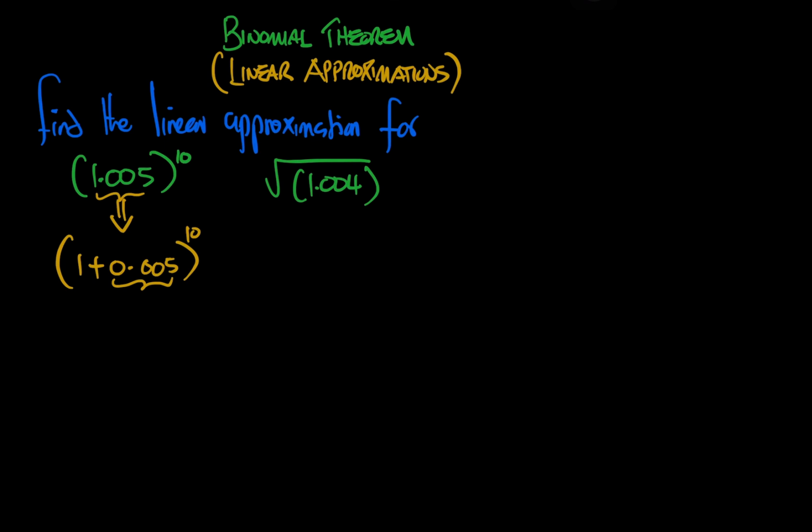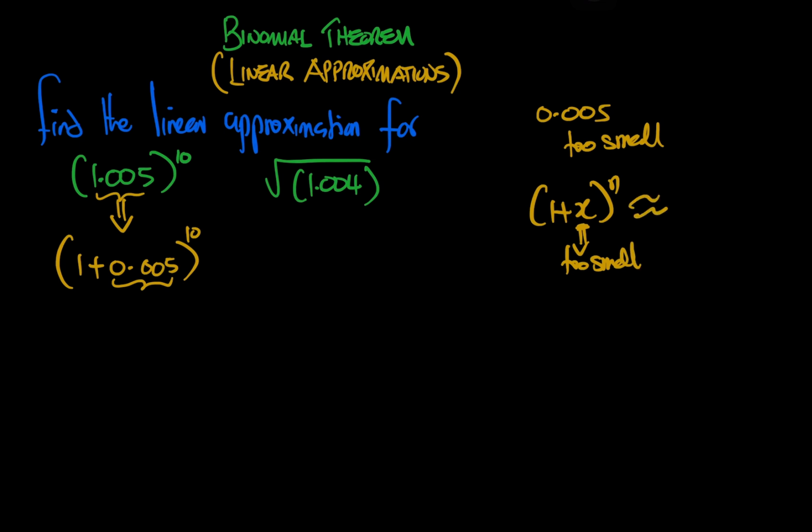But we can say that if the x is sufficiently small, this 0.005 is too small. So if you have 1 plus x to the power n, but this x here is too small, then we can approximate it to be 1 plus nx.